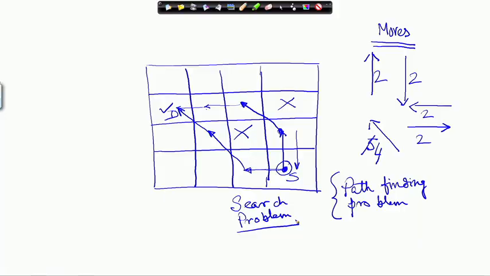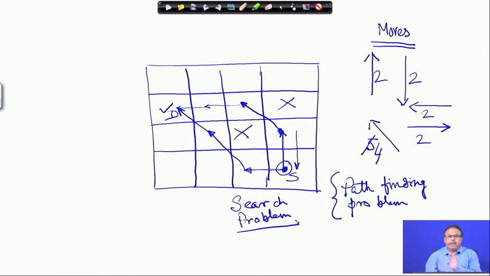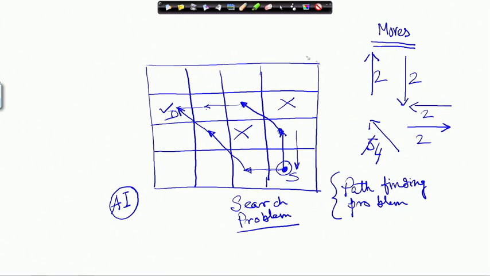We are searching for the path through which we can reach the objective. Now, this is a very simple example of the type of problems that we solve in artificial intelligence. Say a robot has been asked to move from this point to this point. How will the robot find its way given some obstacles? So, this is another type of problem that we can solve using programming.